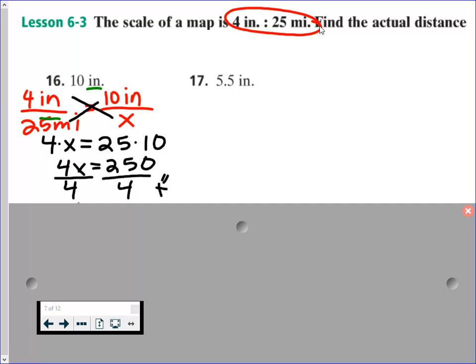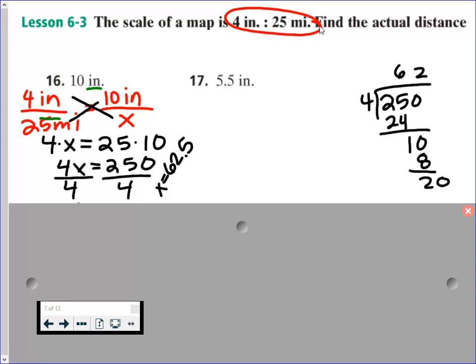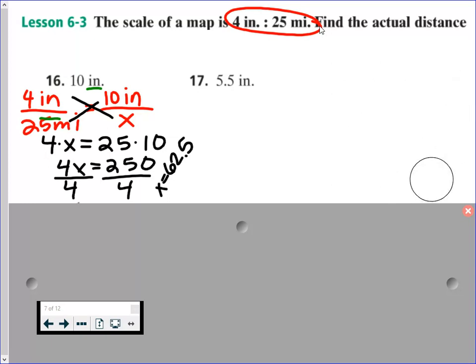I'm running out of room. Oh yeah, that was right. I wasn't quite sure.